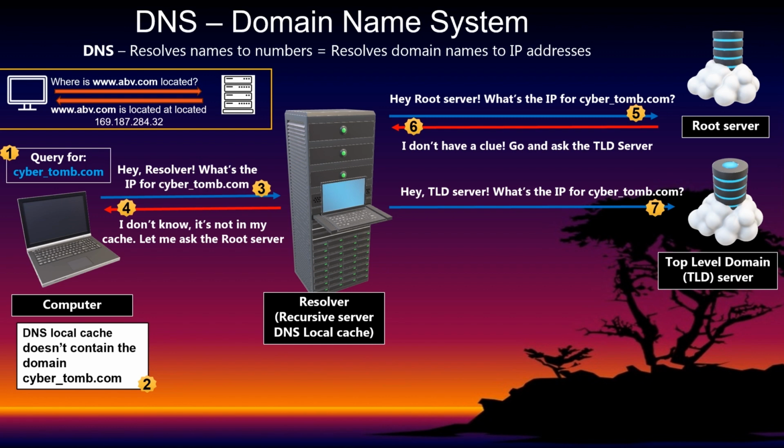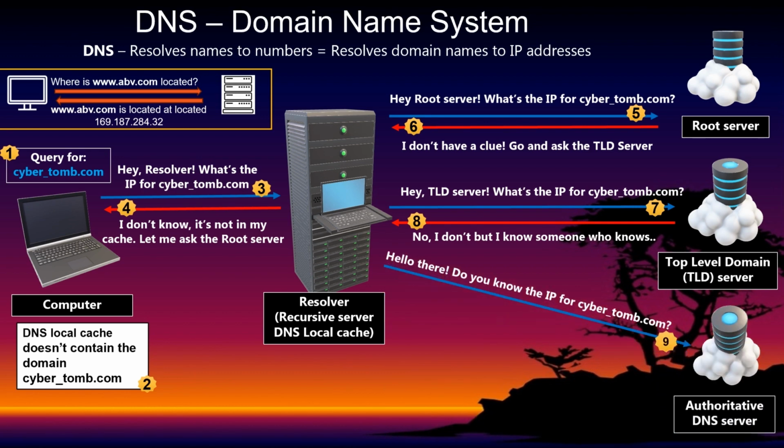This server stores the address information for top level domains such as .com, .net, .org, and so on. So we're asking, hey TLD server, what's the IP for cybertump.com? And the top level domain server, unfortunately, will not know and will say, I don't know, but I know someone who knows.